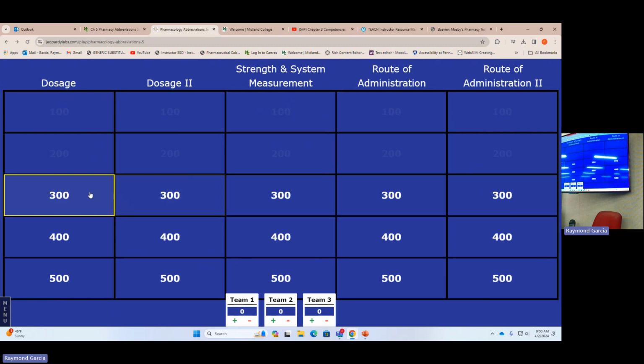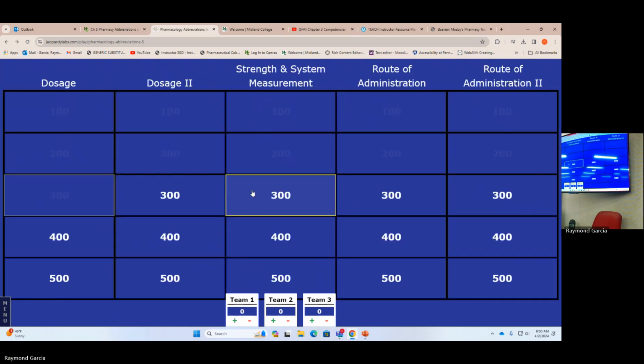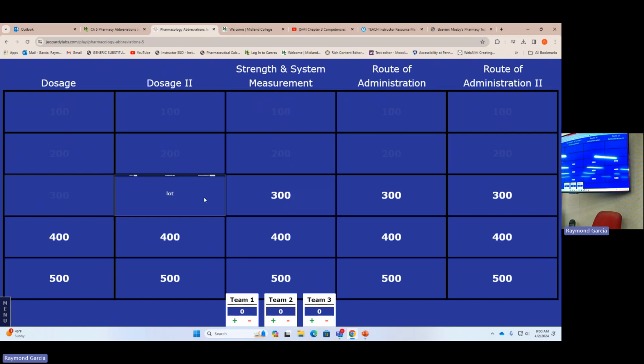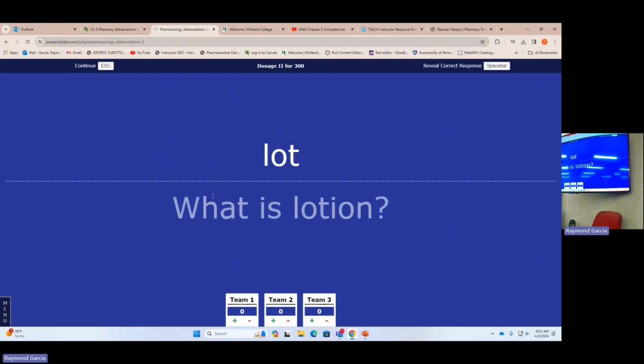I believe this is dosage. I'm going to say this is a dosage form. What do you apply topically? Dosage 2. LOT. That one should be easy. Yeah, lotions.